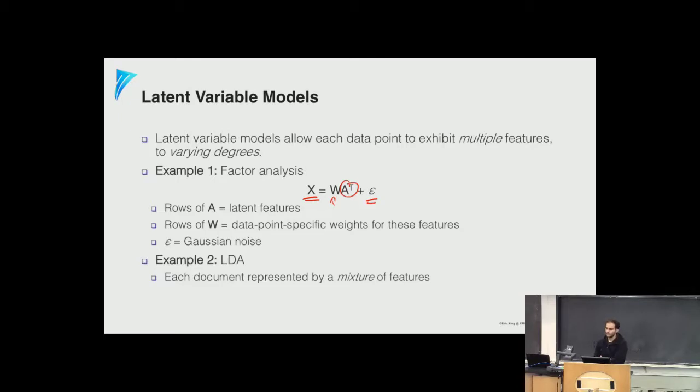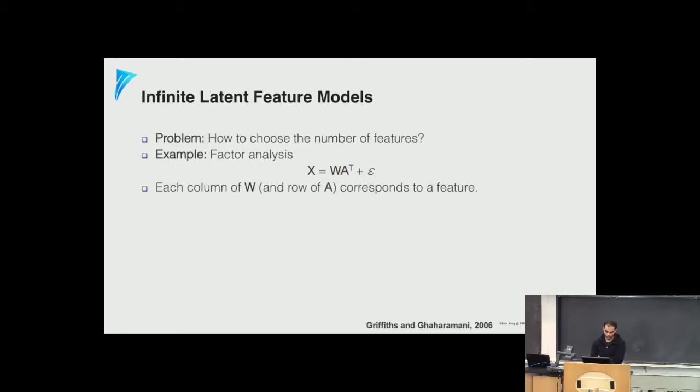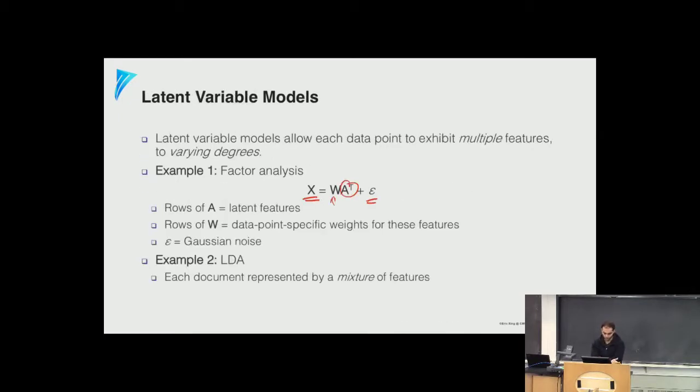Another example is LDA, where we discovered that every single word comes from a mixture of topics. With different probabilities, this word might have been generated from the corresponding topic in the given document. So these are mixed membership models, or types of mixed membership models.